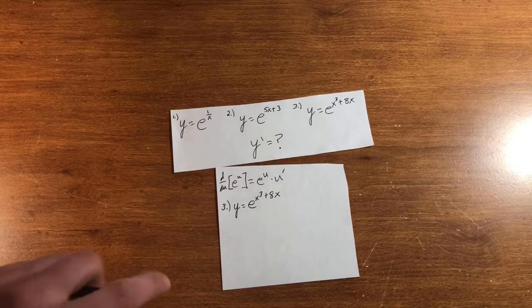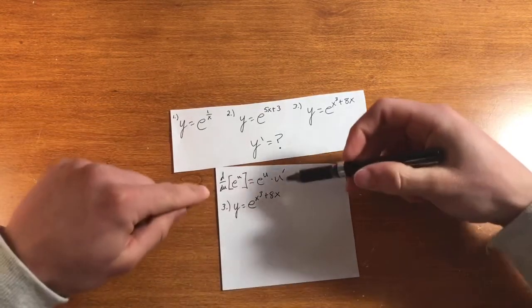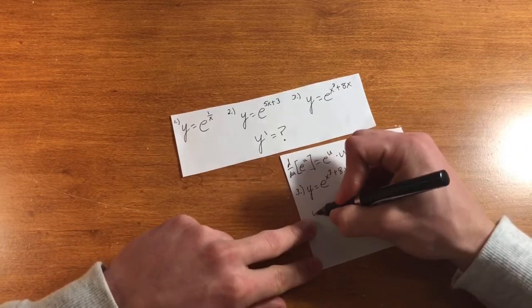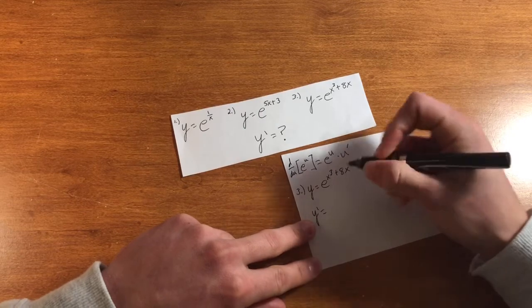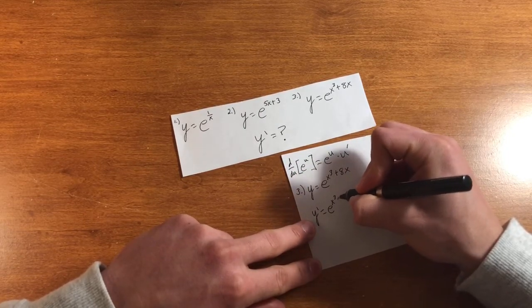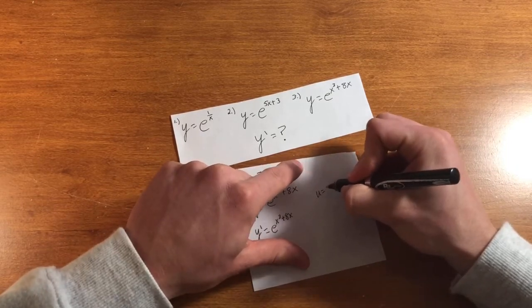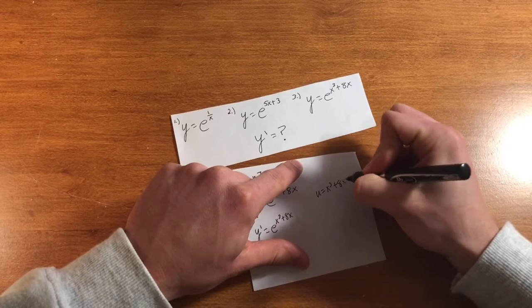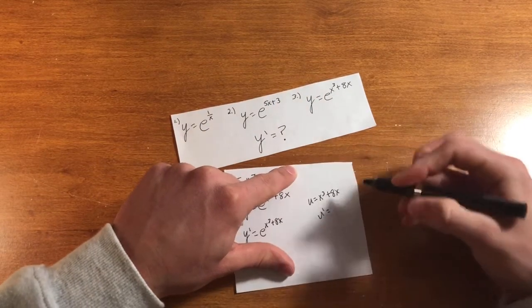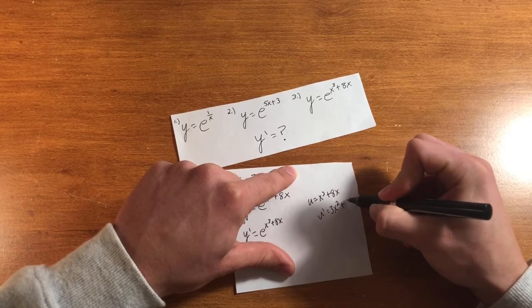Let's look at number three. It's y equals e to the x cubed plus 8x. Again, we want to use the same formula. So y prime equals e to the u, which is e to the x cubed plus 8x, times u prime. Well, u is x cubed plus 8x, so u prime is 3x squared plus 8.